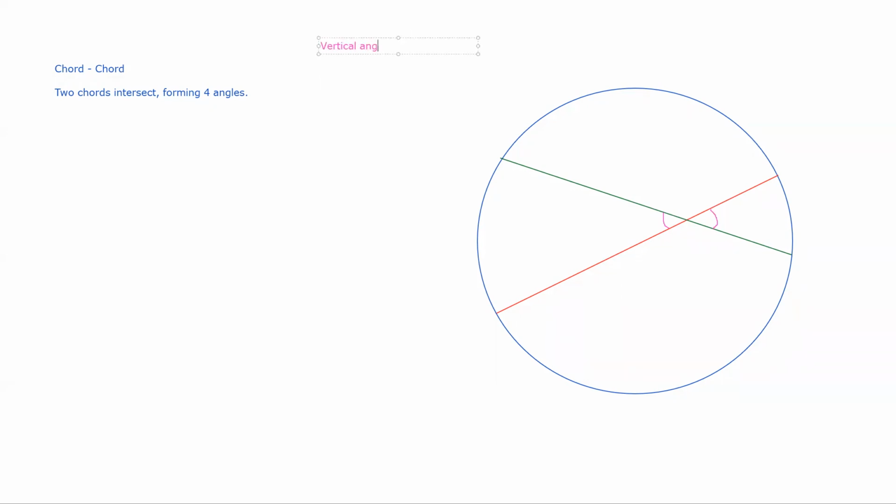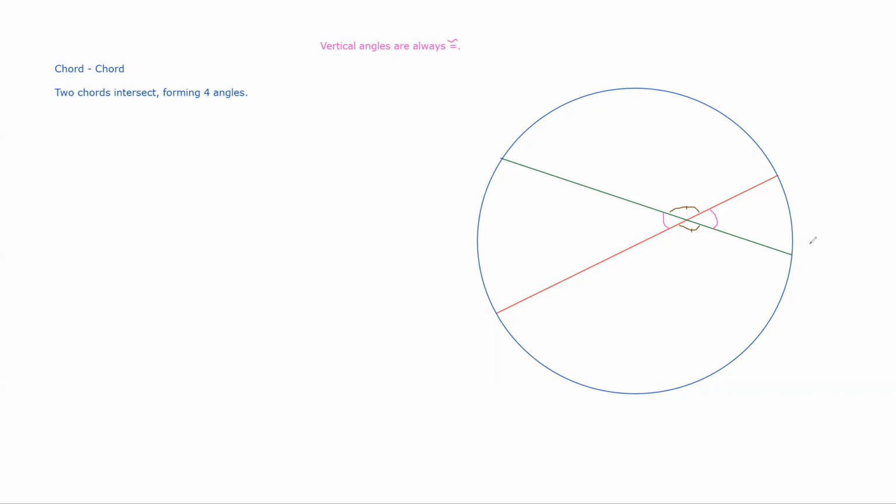Vertical angles are always congruent. You can't ever forget that. If those two angles are equal, what do we know about these two? They're also vertical angles. They're congruent, okay? Vertical angles are always congruent. That's where they share the vertex and they have sides that are common rays.